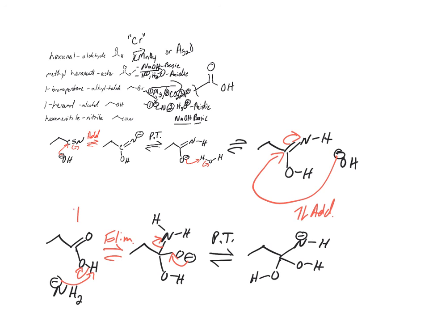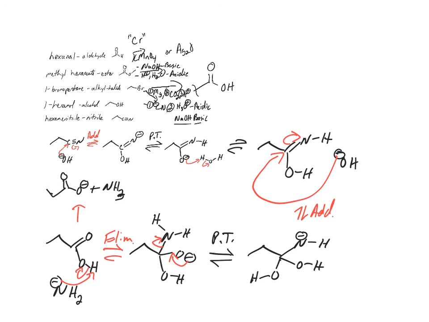So in the basic conditions, what you make is the carboxylate itself, and NH3. Because you start with a negative charge, you have to end with an overall negative charge. That's why usually in basic conditions you do the nucleophilic part first, and the second step's always acidic.